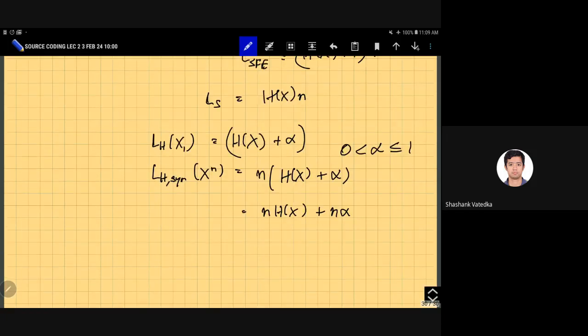But for large enough n, this is going to be greater than n H of X plus 1, in fact for any n greater than 1 over alpha. Right? Alpha cannot be greater than 1 because we know that the Huffman code achieves an expected length less than or equal to H of X plus 1 bits.